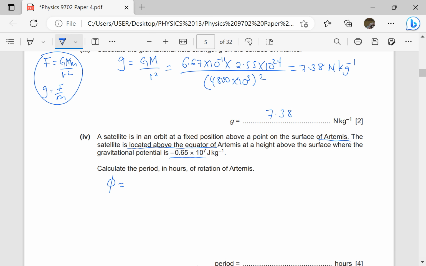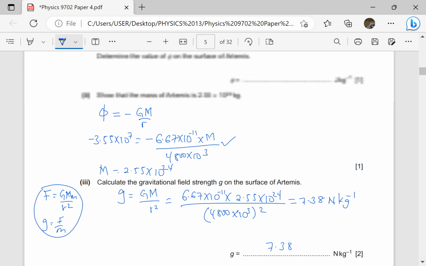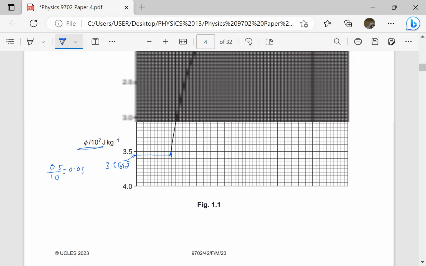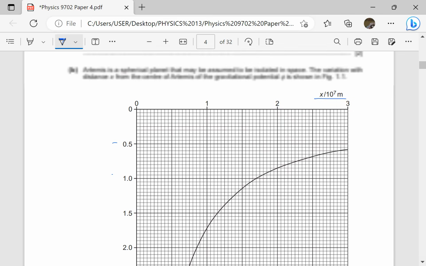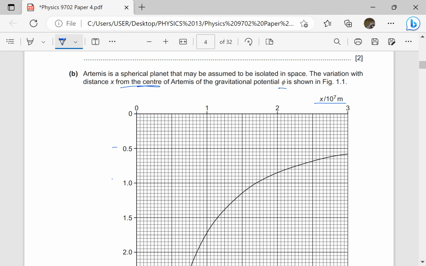So phi is equal to negative 0.65 times 10 power 7 joules per kilogram at a distance r equals to, let's see the radius from the graph. Remember the scale on the x-axis is 0.05. So this is 5, this is 6, and 6.5 is here, I think.